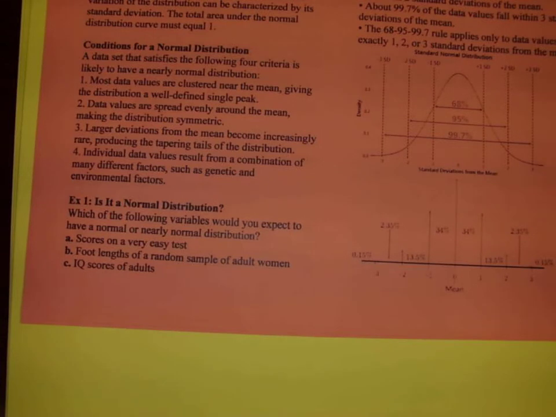Well, we have a maximum score on a test, right? 100%. And so that limits the size of your data values. Now, if it's easy, that means that there's probably going to be a lot of high scores, right? And they're going to be near that 100. Versus there's going to be fewer lower scores.